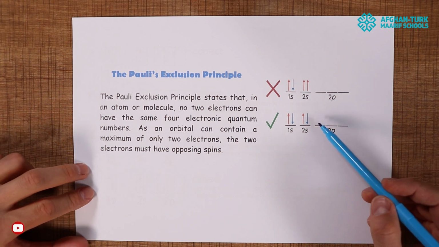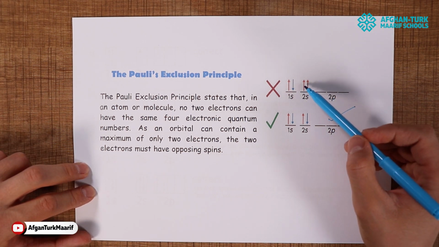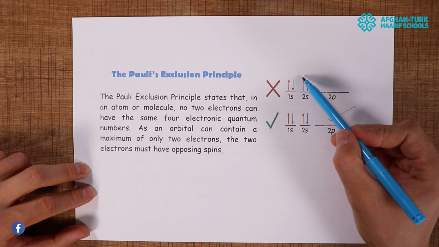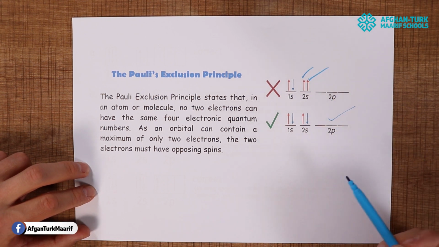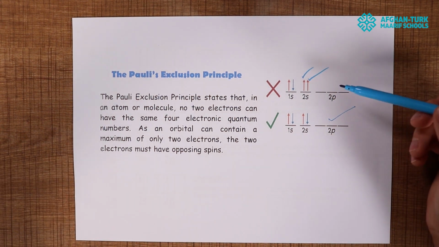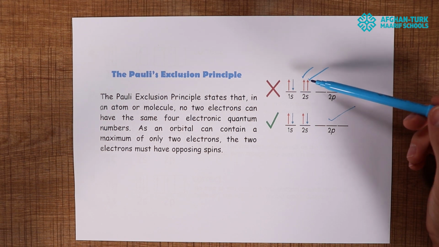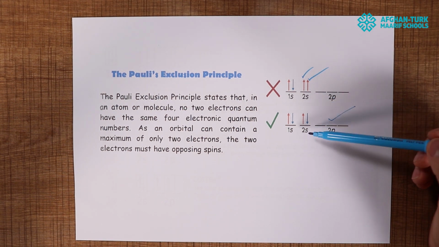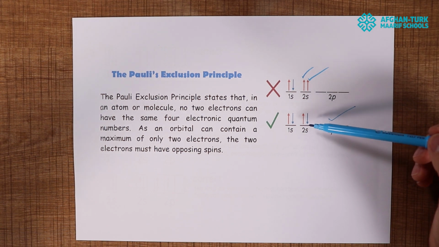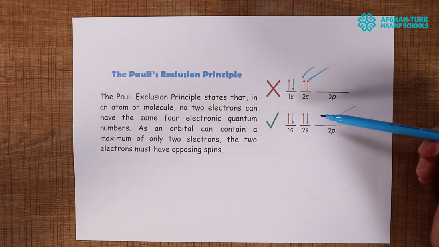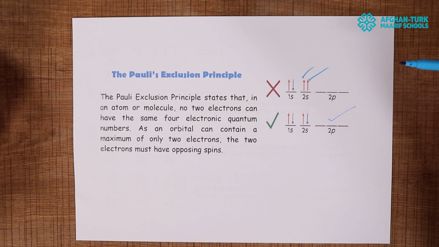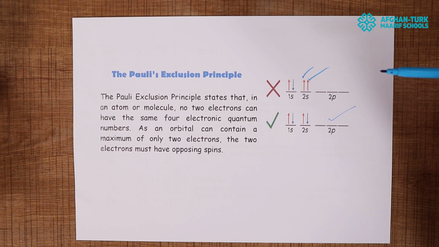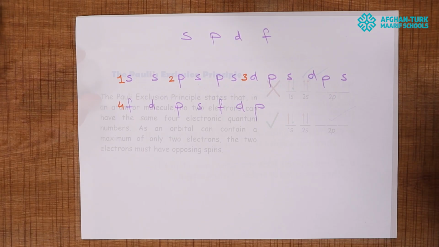You can see over here, this was the correct one. If we write like this, this electron and this electron both have the same spin. So according to Pauli's exclusion principle, this is wrong. So they must have opposite spin in each orbital. So in one atom, none of the 2 electrons can have the same 4 quantum numbers. This is the Pauli's exclusion principle.